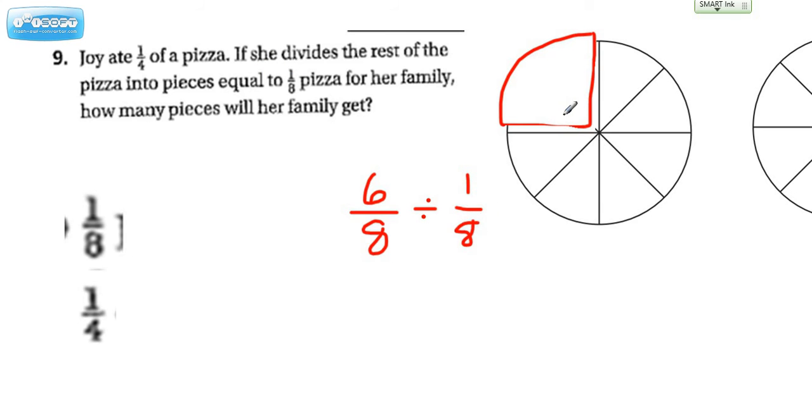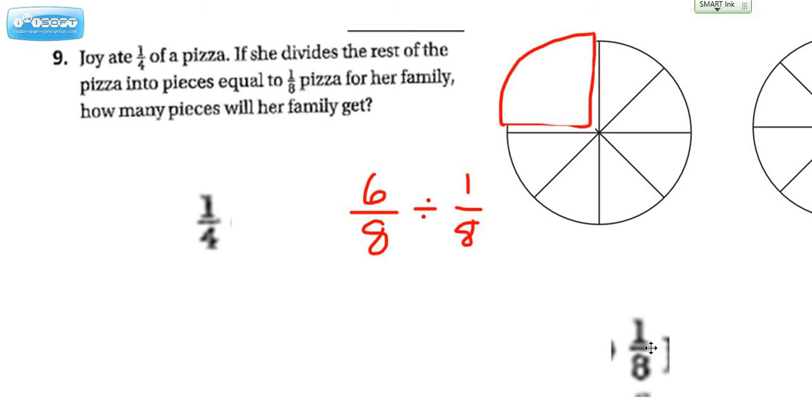Now, let's say we didn't have the pretty picture to come up with the 6/8. How might we do that? Well, we would be basically saying that if a whole pizza is 8/8 and we're taking away 1/4 from that, the whole pizza is 8/8.